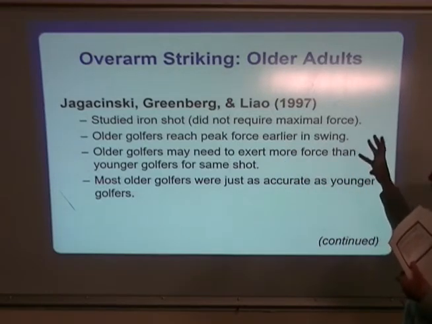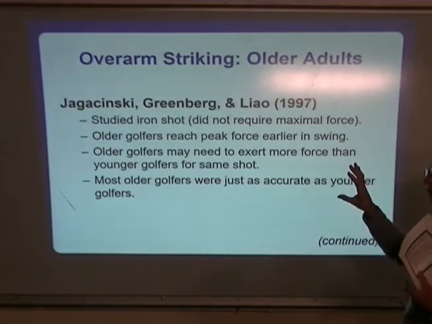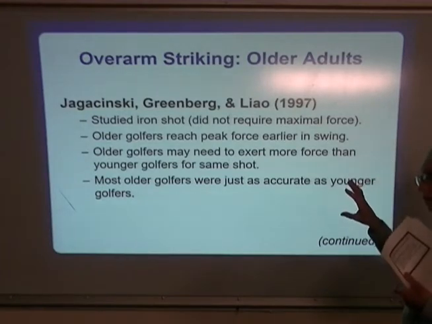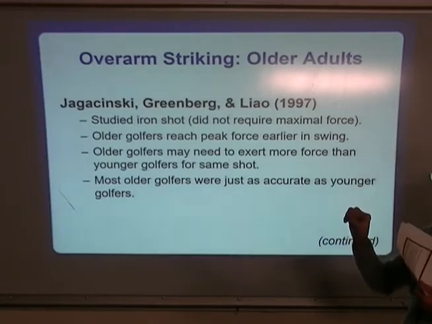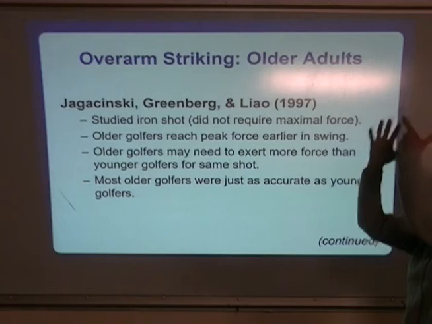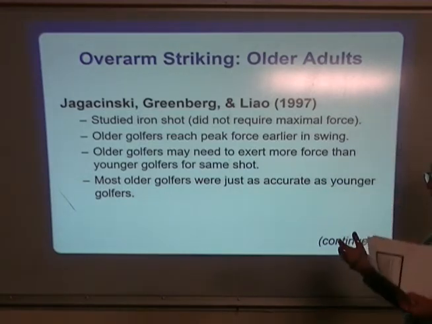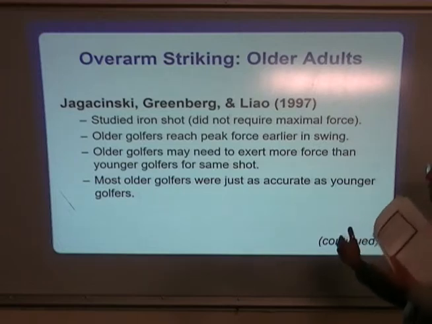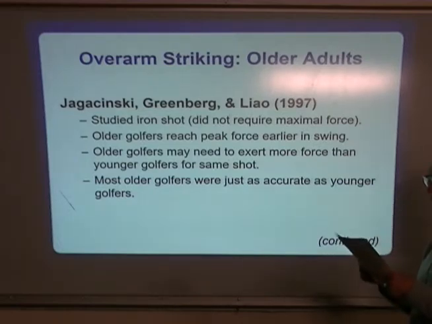The key point, I think, when you're considering older adults and these striking type skills is go back to what the rate limiters are going to be. What does our constraints triangle tell us about what we might see happen with striking skills in older adults? All right?